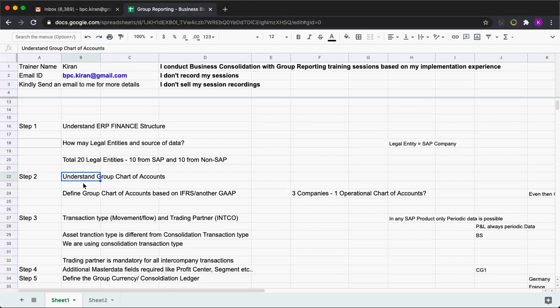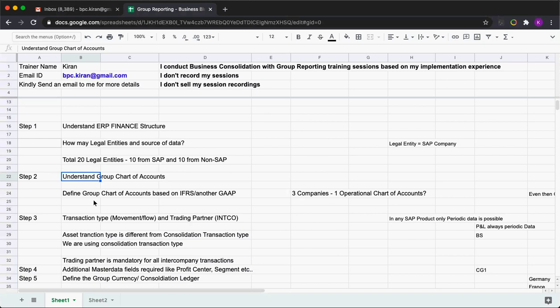So understand the group chart of accounts. The second point is that you have SAP units and non-SAP units, and both will have different operational charts of accounts. Might be your SAP units use two or three operational charts of accounts, and non-SAP units use their own operational chart of accounts.